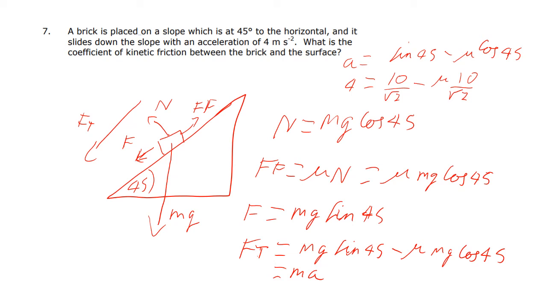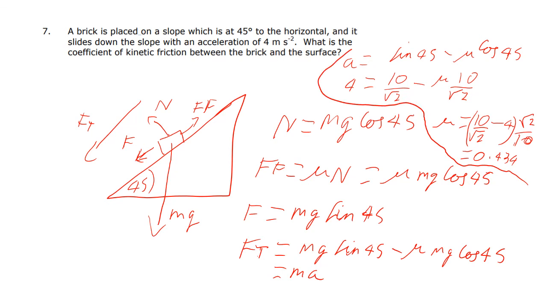And we can rearrange to make mu the subject, and that's going to be 10 over square root of 2 minus 4, multiplied by square root of 2 over 10. And the long and short of it is mu is equal to 0.434. I'll just draw that here.